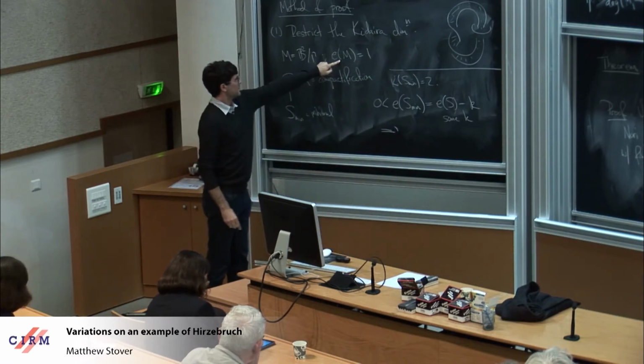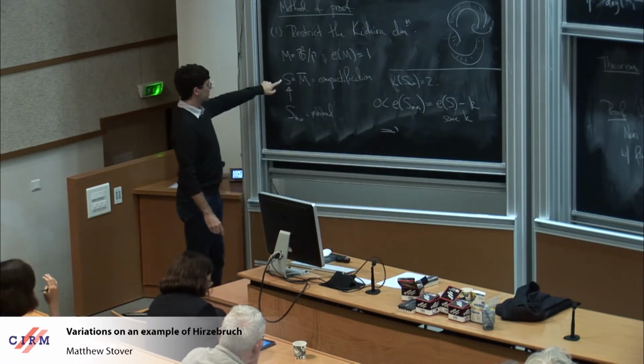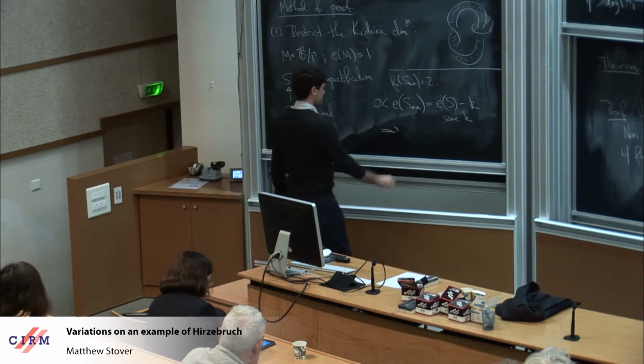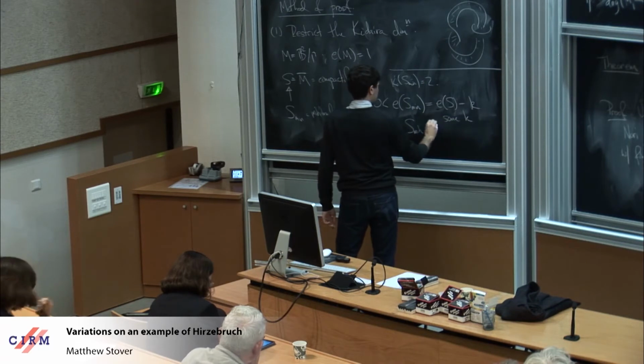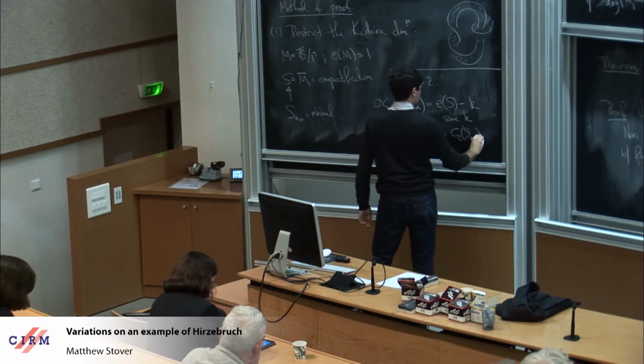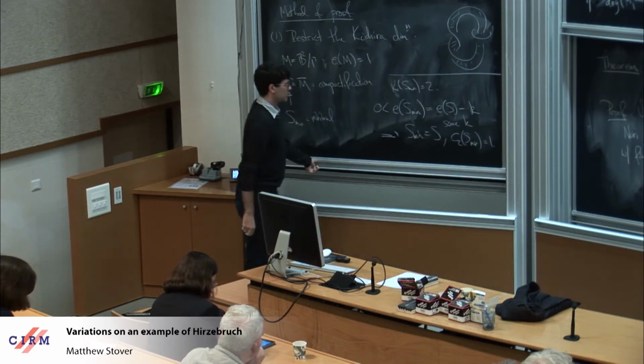Well, this is equal to 1. I've just added a bunch of tori to get this. So this is equal to 1. 1 minus k is positive, so that means that k is 0, and c2 is equal to 1.